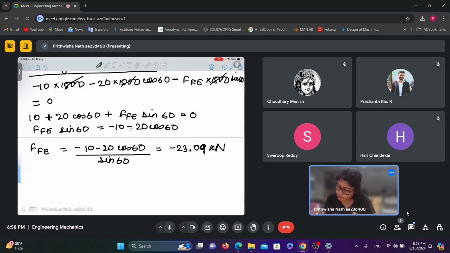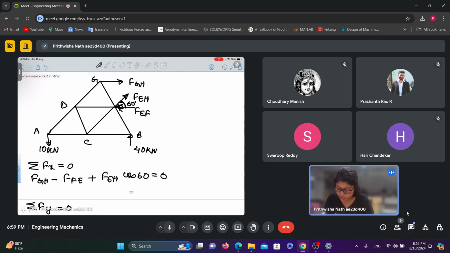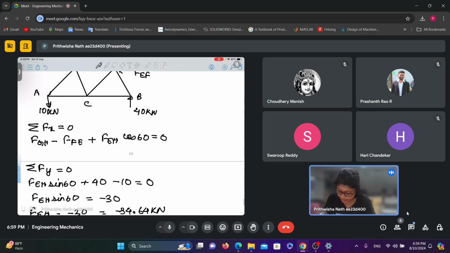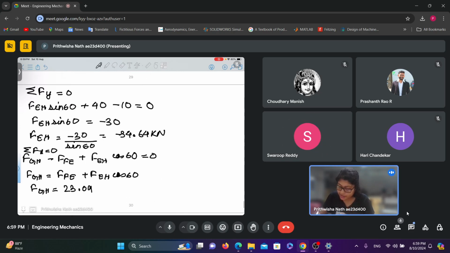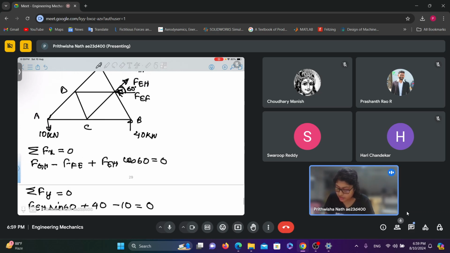So I automatically reversed the direction when calculating for the other half of the truss. Now I have reversed the arrow, so it implies that this member is in compression. So I'm not putting the negative sign again. I've already considered it while writing the equilibrium equation, FGH minus FFE.